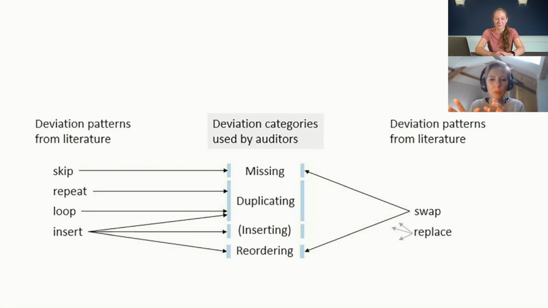Sometimes they use the word insert, but not a lot. So for example, this swap that we had, they never used this word, swapping, like putting two things in each other's place. They never looked at it that way. It was more that this is maybe a combination of, well, in the beginning you missed something, like when you would have expected this B.